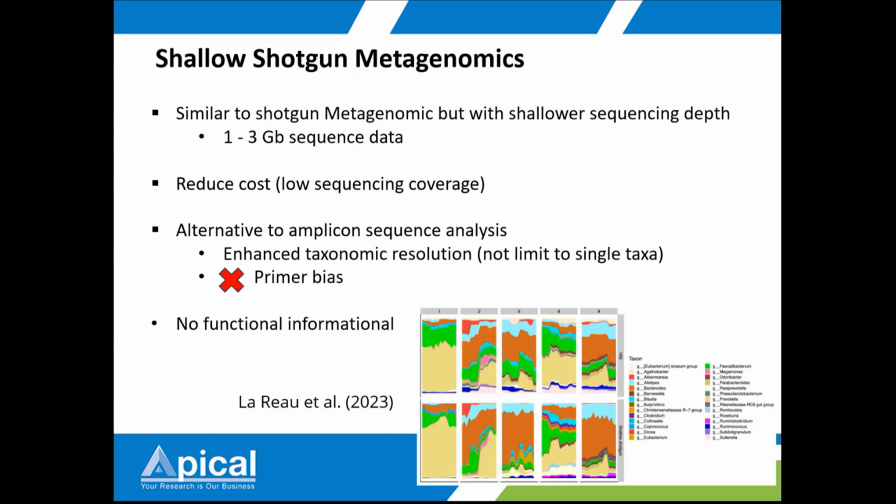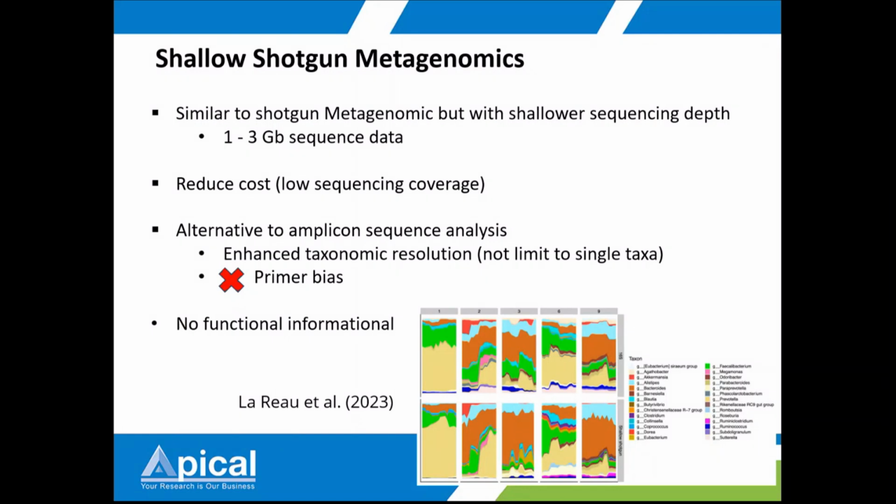For example, in the case of 16S, you want to target bacteria, so you use the 16S gene marker, and you are limited to bacteria. So you exclude the virus, fungus, and so on, right?